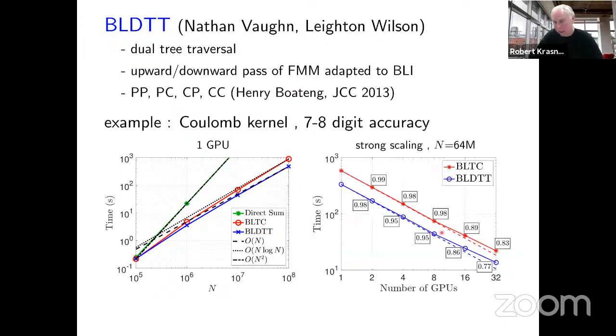This is now the scaling. And so what these students did is they've got this running now on multiple GPUs with domain decomposition, OpenACC, I should say. It's a strong scale. This is 64 million particles. So the tree code is up here, and this dual tree traversal thing is down here.